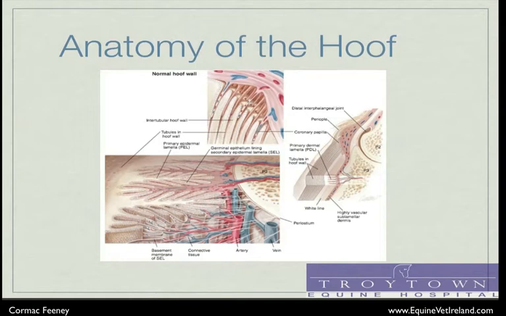In laminitis, the separation and swelling associated with the disease of the lamina can cause not only a painful condition, but can also cause a structural deformity where the pedal bone and the hoof wall can separate.